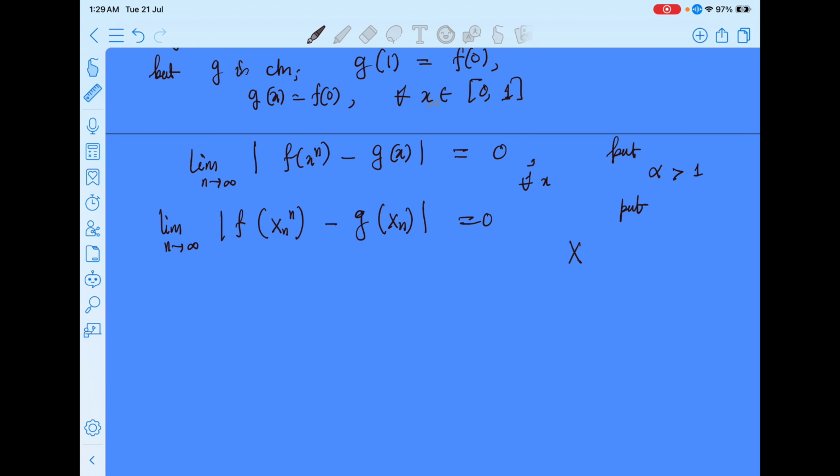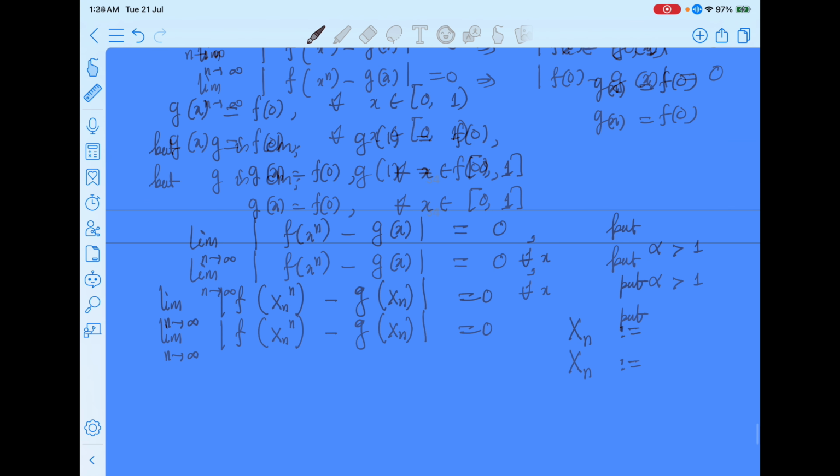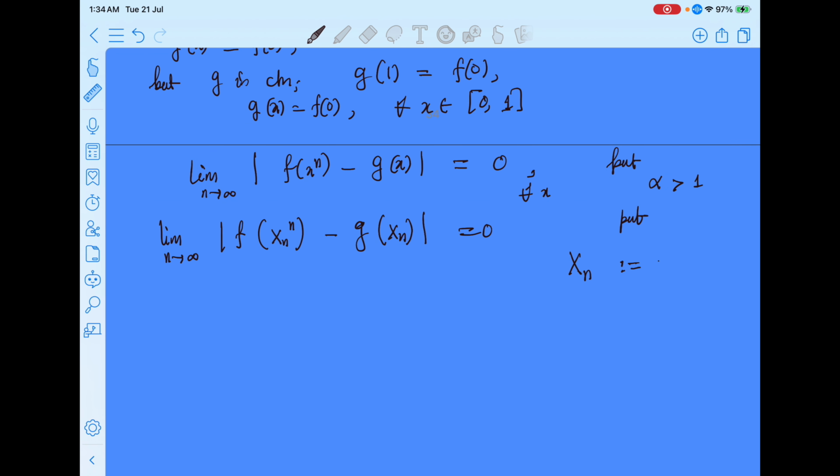Now just put x_n to be alpha power 1/n. We have to show that f is constant, right? So when alpha is inside (0, infinity), the limit as n tends to infinity of f(alpha)^n minus g(alpha^(1/n)) is also equal to 0, right?